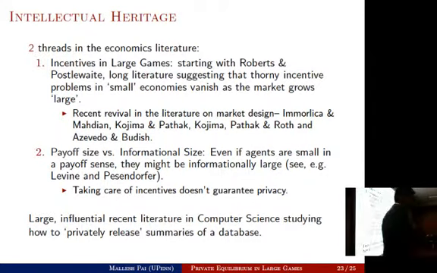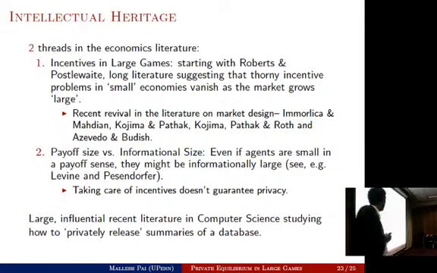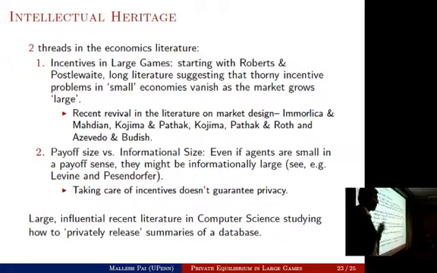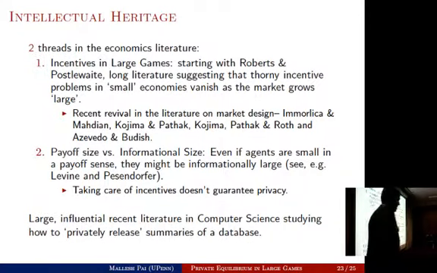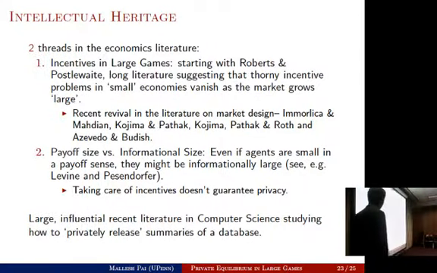And this literature has sort of suggested that issues in small economies vanish in large economies, and the results come of two flavors. One set of results roughly suggests that you fix some mechanism, let the market grow large, and you get approximate incentives. So this is everything but the last paper.